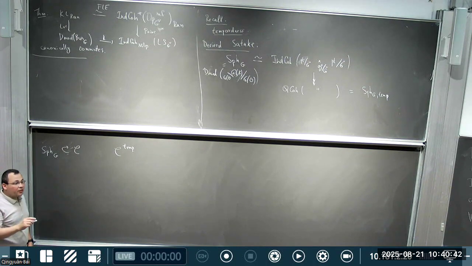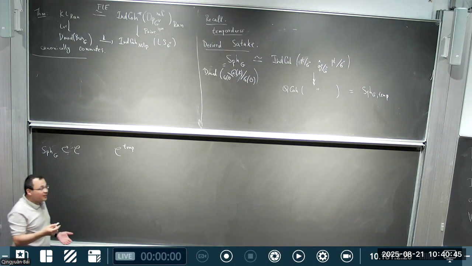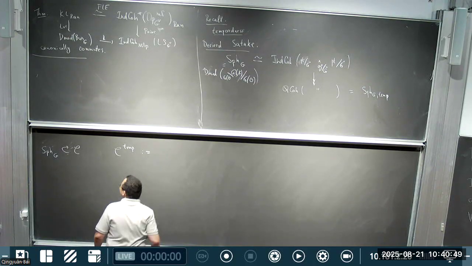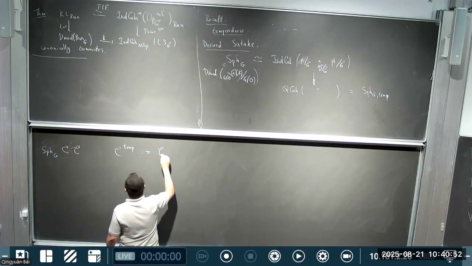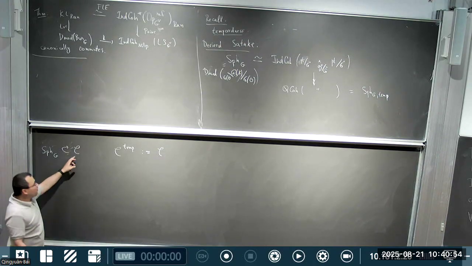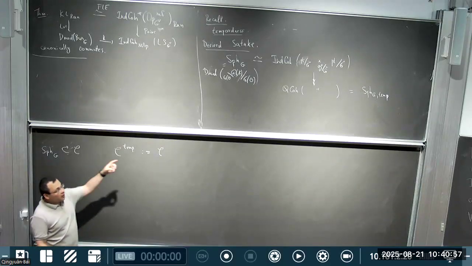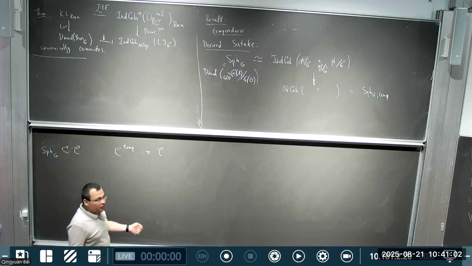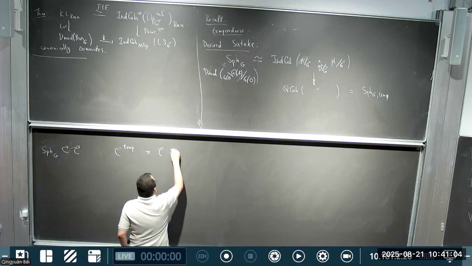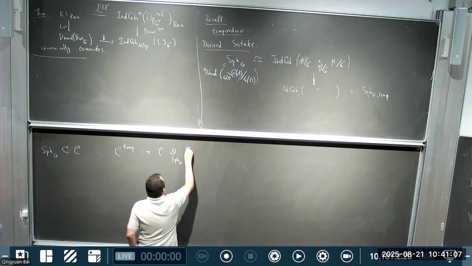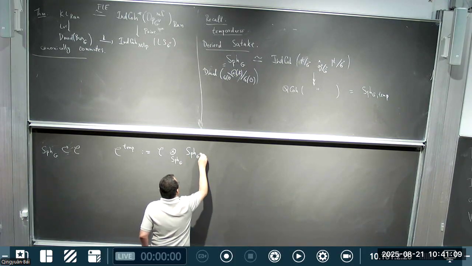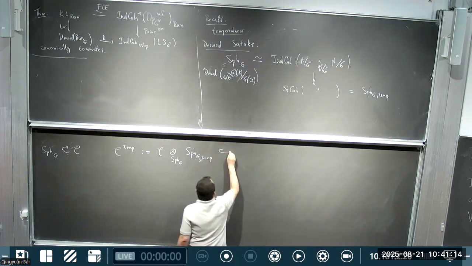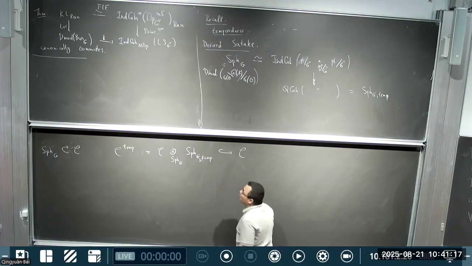You just take the full subcategory where the action factors through this localization, which is the same as taking this tensor product. So an important point is that this is a full subcategory.